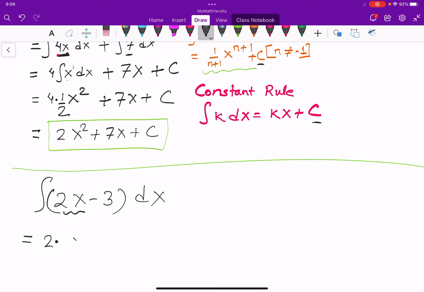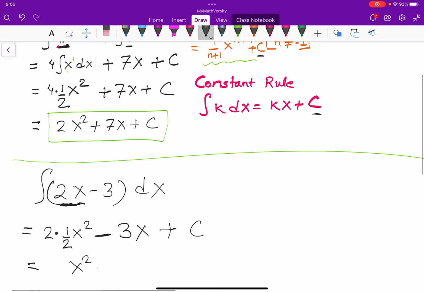By applying the power rule, we have x to the power 1 plus 1, so 2, multiplied by the reciprocal of the new power. So one half x squared is the antiderivative of x, multiplied by 2. Then minus the antiderivative of 3, which is 3 times x, plus c. So x squared minus 3x plus c is the antiderivative of 2x minus 3.